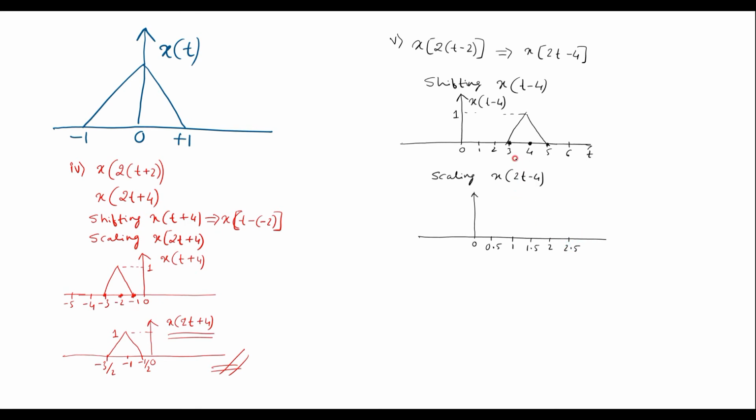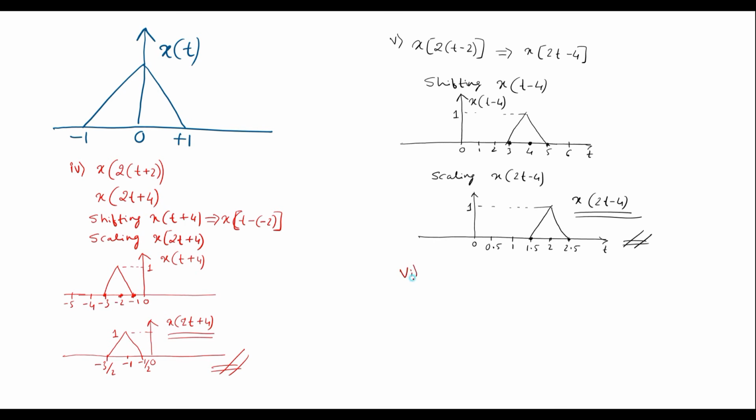So this signal will appear between 3 by 2, that is 1.5, and 5 by 2, that is 2.5, with 4 by 2, that is 2. So this is x of 2t minus 4 waveform.